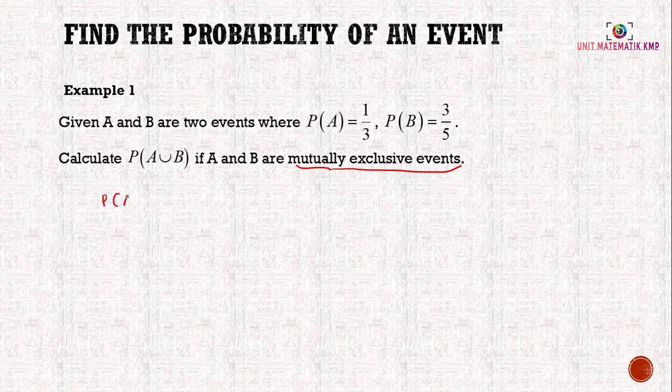So the formula for mutually exclusive events is P(A union B) is equal to P(A) plus P(B). So we already have P(A) and P(B) in the question, so you just sub into the formula. So 1 over 3 plus 3 over 5, and then we can get 14 over 15 as our answer.